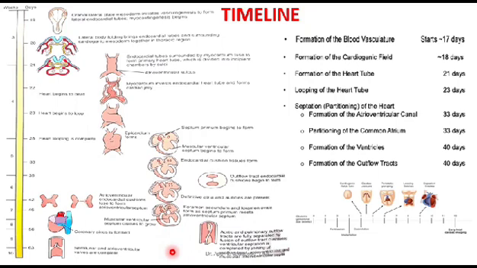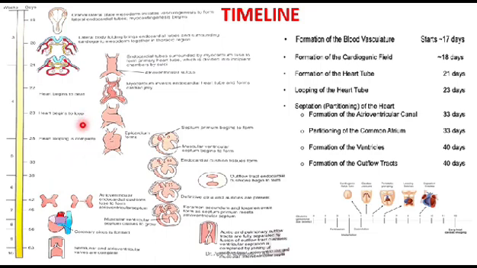So after the formation of all this septation, there is a proper fully developed heart which functions involuntarily 24/7 and is the essence of life, wherein the heart starts its beating by about the 22nd day, and the blood starts its circulation by the 24th day itself.